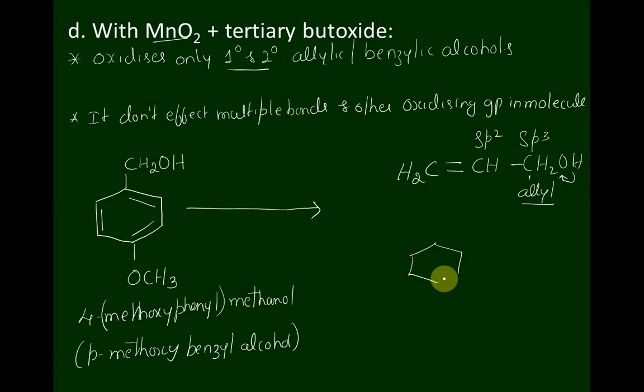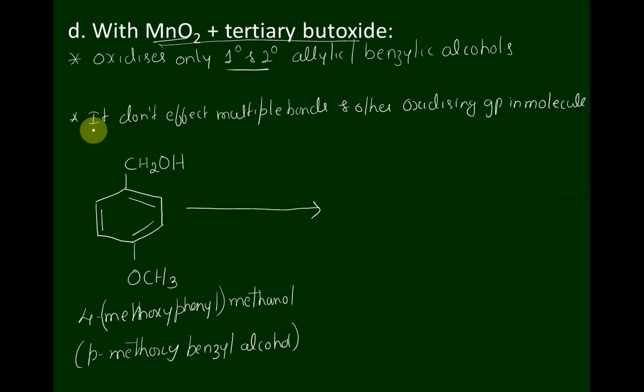Benzylic means this is the benzene ring and this is CH2. This is considered a benzyl carbon atom. If the OH group is bonded to this benzyl carbon atom, that is called a benzylic alcohol. This reagent can oxidize only primary or secondary allylic or benzylic alcohols.